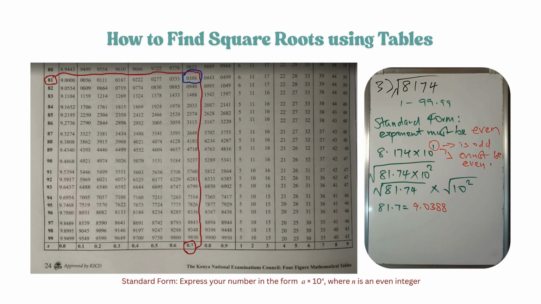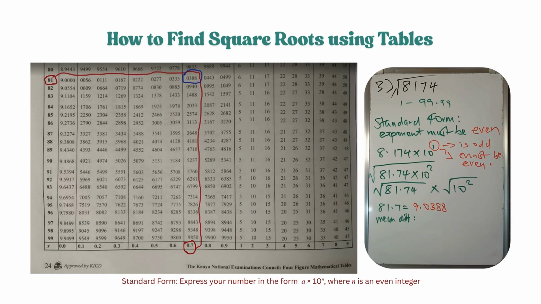Now let's move to column 4 to find the mean difference. The mean difference in column 7... no, it's not column 7.